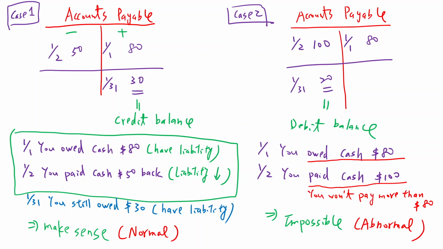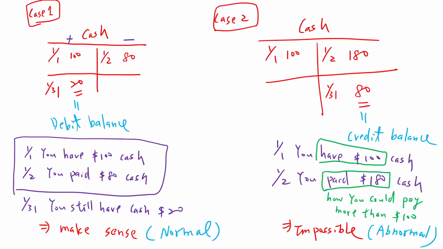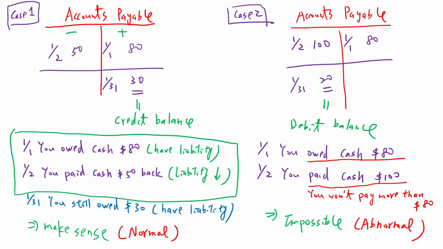Then that makes sense. Look at it again. Case 1, which side makes sense? Normal situation. Right here, right? Debit balance. How about accounts payable? Which side makes sense?